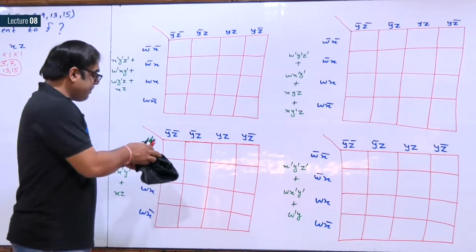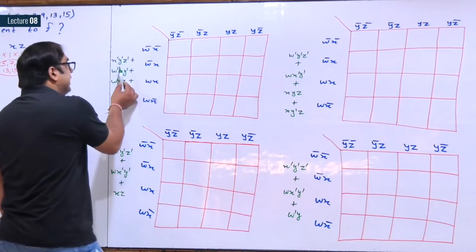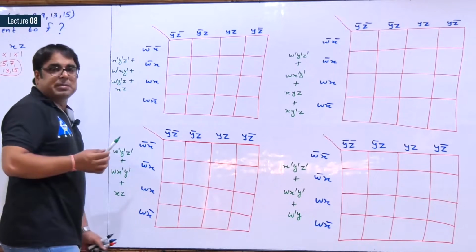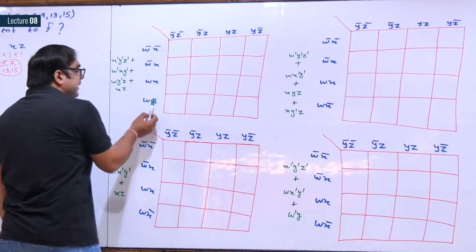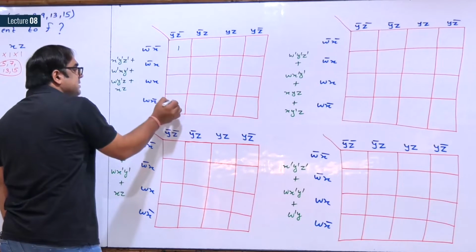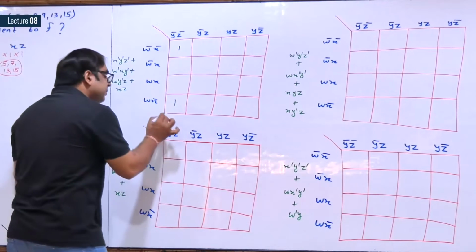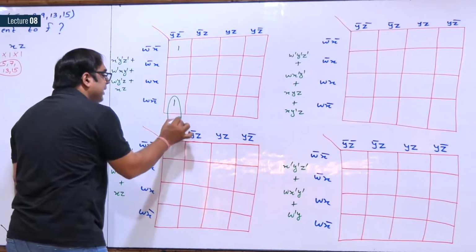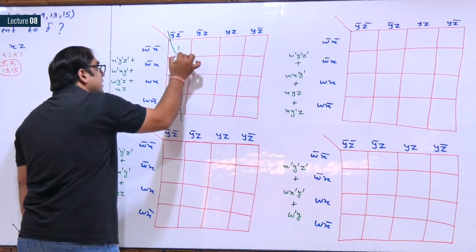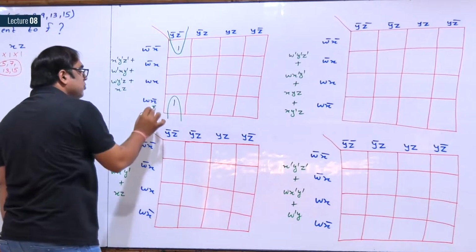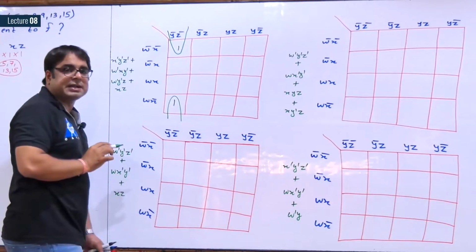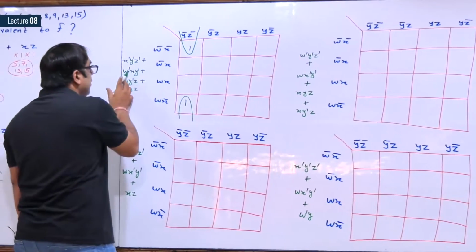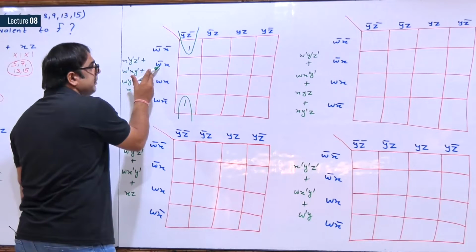For example, X complement, Y complement, Z complement. So X complement means these two, Y complement, Z complement. So let me show you how do I get this term. If I make a pair of this term, this will give me X complement, Y complement, Z complement. W complement X, Y complement.